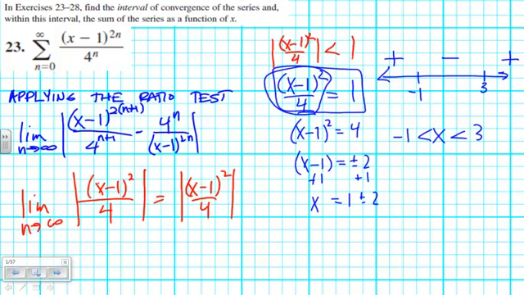Let's try it and find out. So if we would have done it, it would have been 0 to 4, x minus 1. Would it be plus 1 then, and it would be the right interval? So we end up with 0 to 4.